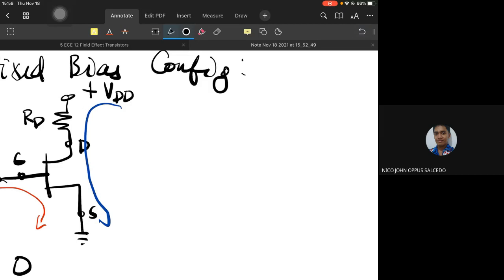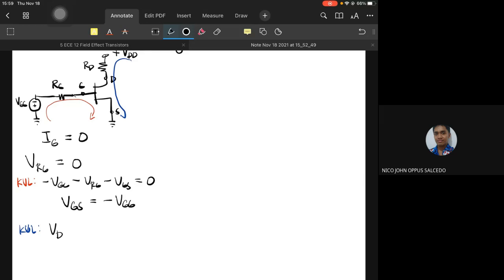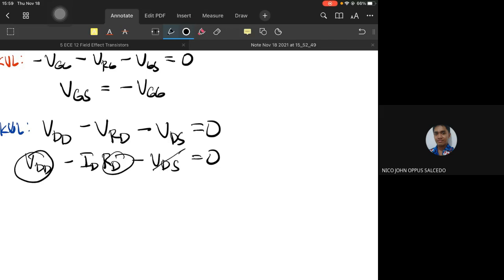So VDD minus VRD minus VDS is equal to 0. VDD minus ID RD minus VDS is equal to 0. The given here are only VDD and RD. VDS and ID are unknown, but we can obtain ID using the Shockley equation, so we can eventually get VDS.